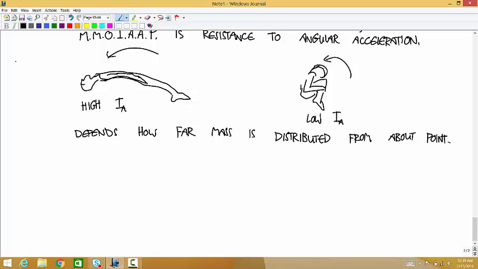If you have more mass farther away from the about point, then you have a high mass moment of inertia. If you have most of the mass concentrated close to the about point, then you have a low mass moment of inertia.